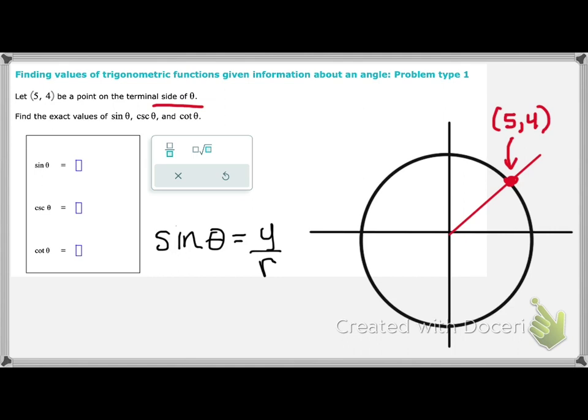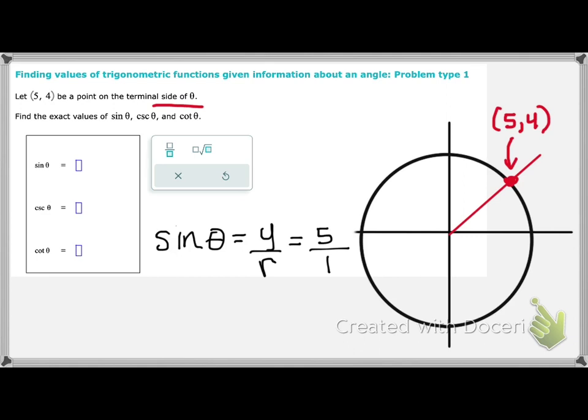What we have is the point (5, 4), and we know that sine of theta is equal to y over r. At this point, without further instruction, hopefully you'd be able to at least get a start. You might be lost in your understanding and just say, well, r is always 1. But not in this case. r is not 1.